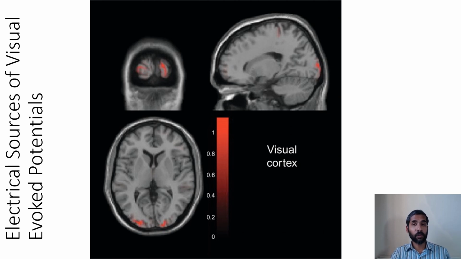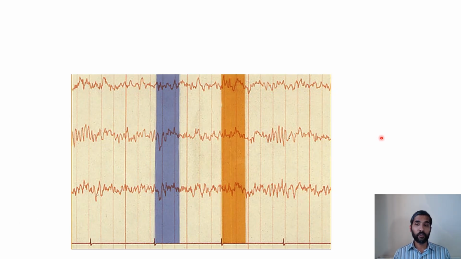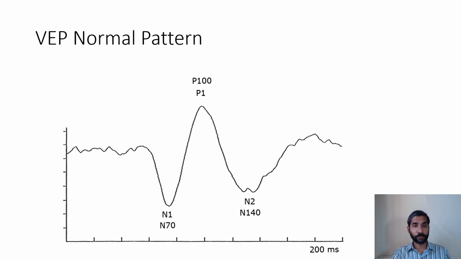What we want to do now is record EEG in response to this stimulus. If you record EEG, you would get something like this, right? There doesn't seem to be any proper pattern. So this is where the stimulation is provided, and there may be a pattern, maybe not, don't know. But what you do is something called ensemble averaging.